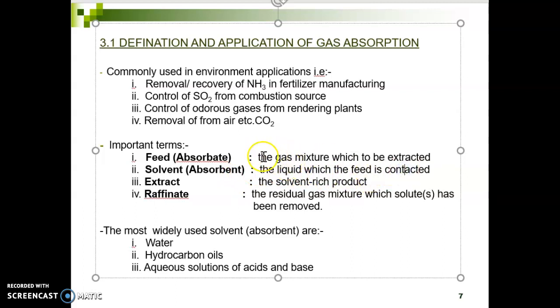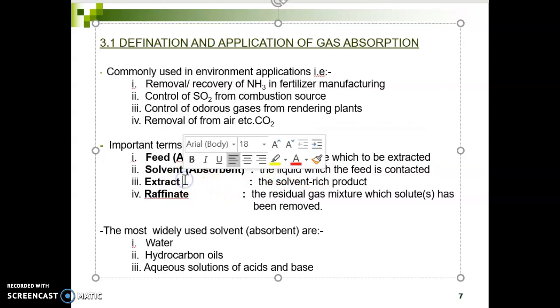So for feed, we actually have two: feed for the gas mixture and feed for the solvent. The feed here is in gas form, and your solvent feed is in liquid form.